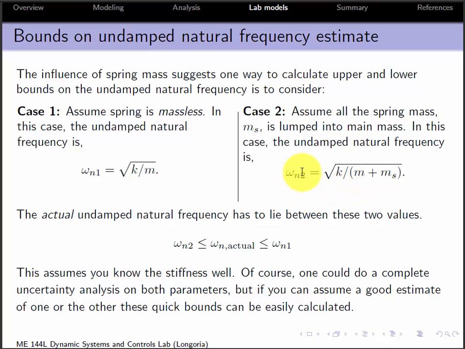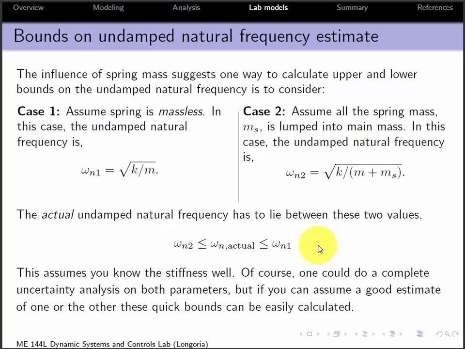This natural frequency is going to be lower than this one. So when I think of the bounds, this one is much lower than this one, and so that natural frequency is less than that one, and in between is the actual, right? So this tells you, at least walking into the lab, what range of frequencies you have. Think about how useful that can be.